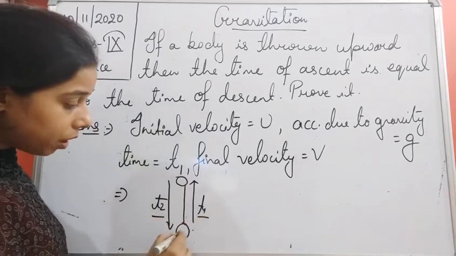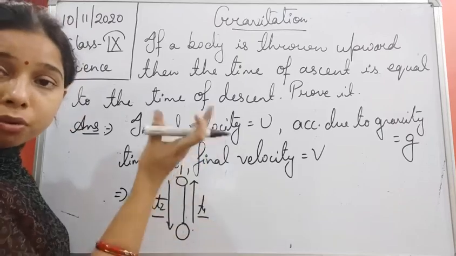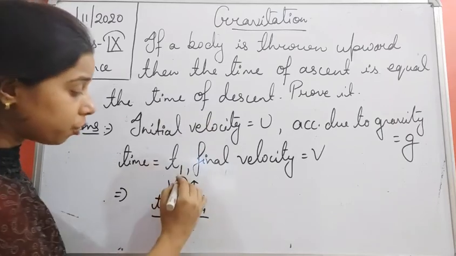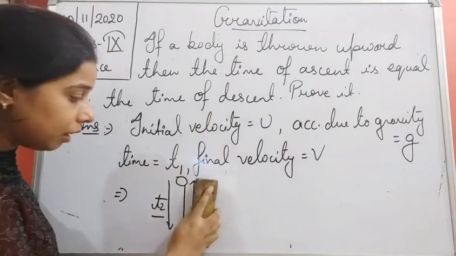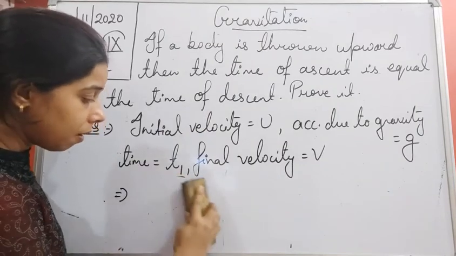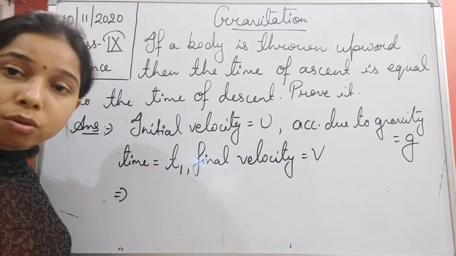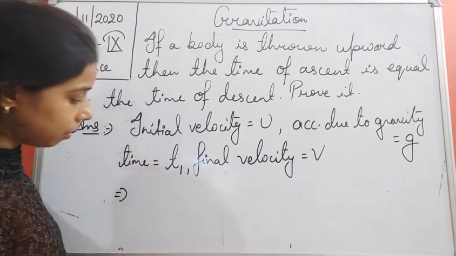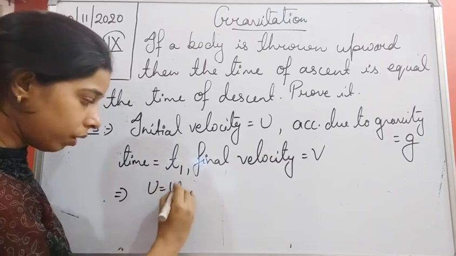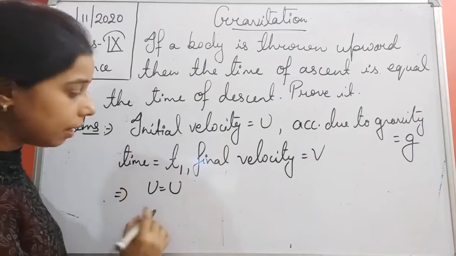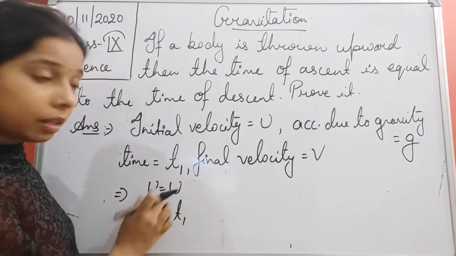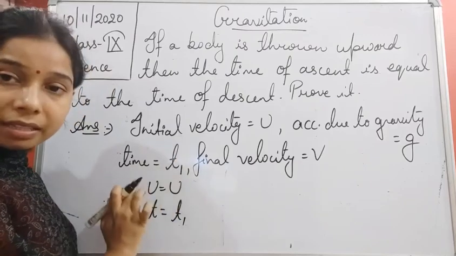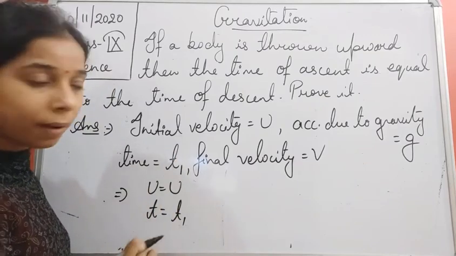So when we throw the ball in the upward direction, it reaches the maximum height, and at that time the final velocity of the body will be 0. So we can write here, u will be u only, that is the initial velocity. t will be t1, because we are finding the time of ascent, that is why we write t1.